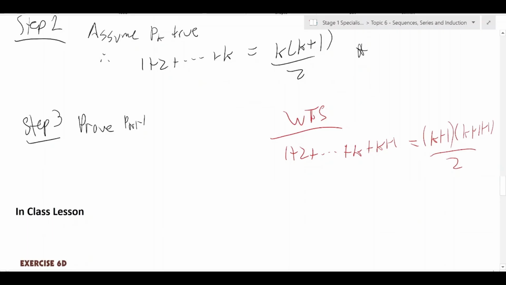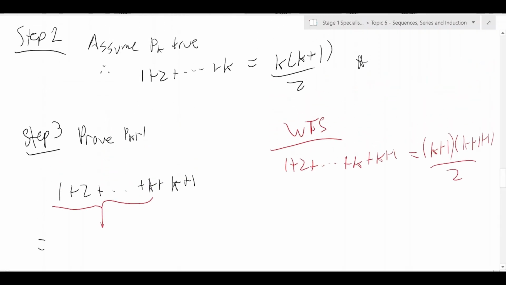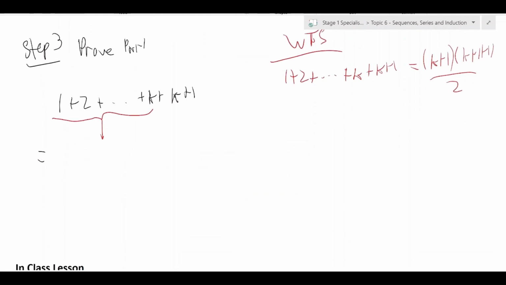So here's how we do it. We start from the left-hand side. 1 plus 2 plus up to k plus 1. This should all equal, now we split it off into all the way up to k. And we know this stuff equals k(k plus 1) over 2 using star, plus, and then there's k plus 1 on the end.